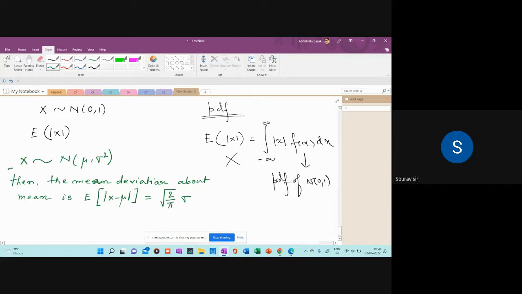This is the result we already know, because this is a well known property of the normal distribution.